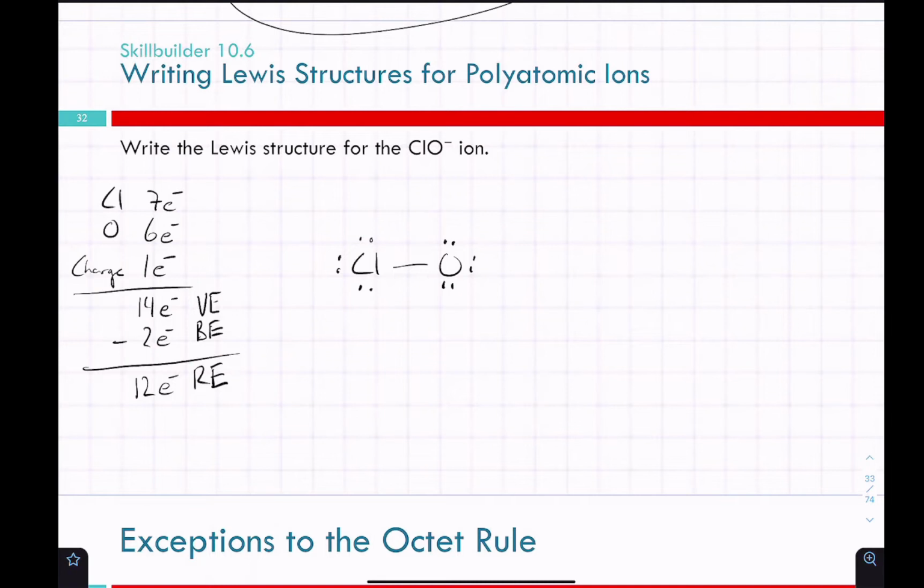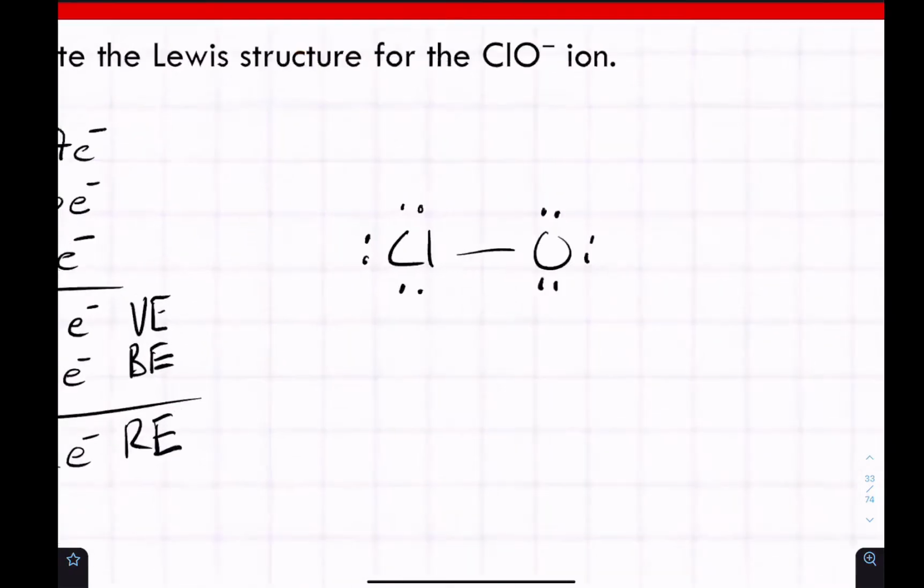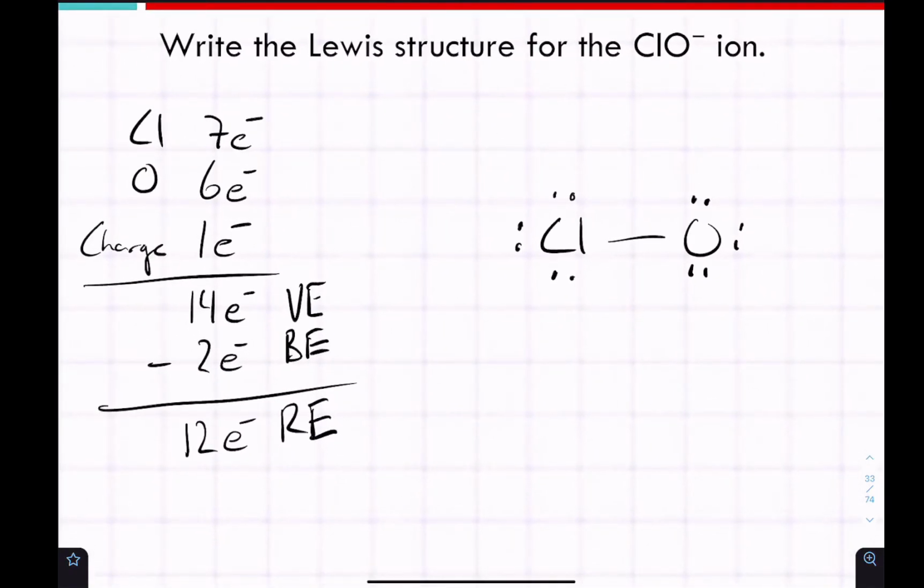So now this step, we want to check and make sure that all of the atoms have the number of electrons that they want. So for most things, it's 8. For hydrogen, it's 2. Lithium and beryllium will also be 2. Helium doesn't really form bonds, but it also only wants 2. So you can look at this and count 2, 4, 6, 8.